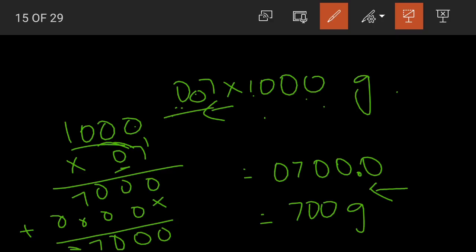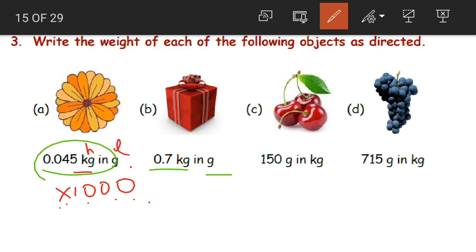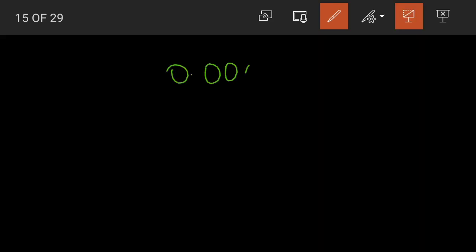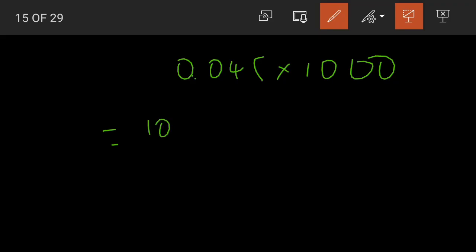Do you remember how to multiply decimal numbers? First multiply the numbers as it is and then in the product place your decimal point. If you want, even for this, 0.045 into 1000, that is nothing but 1000 into 45.